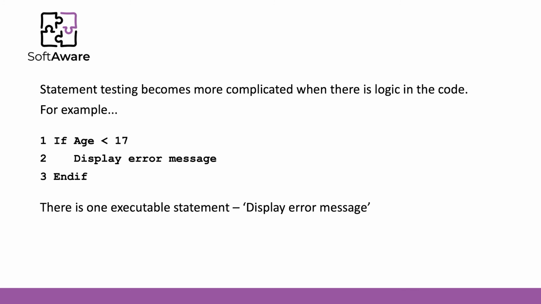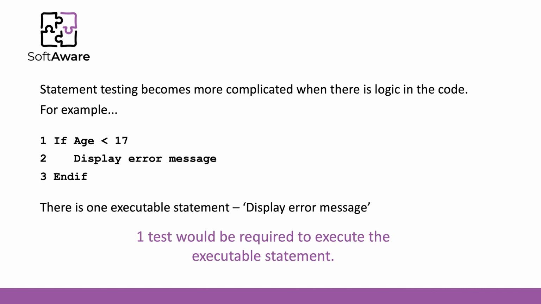Okay, so how many test cases will I need to achieve the 100% statement coverage that could be required? You need at least one test case, so this is the minimum number of test cases that would be required to execute line number 2.